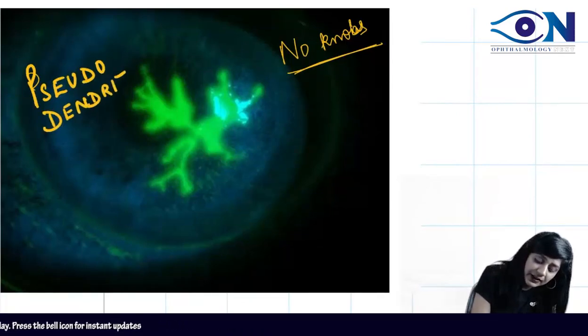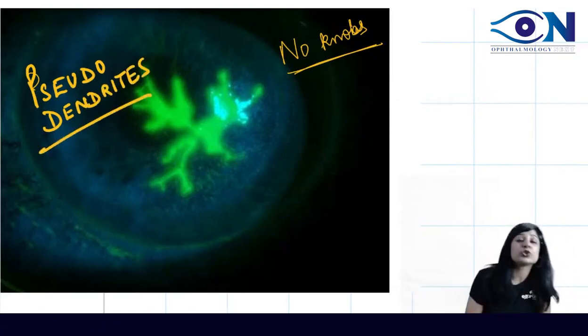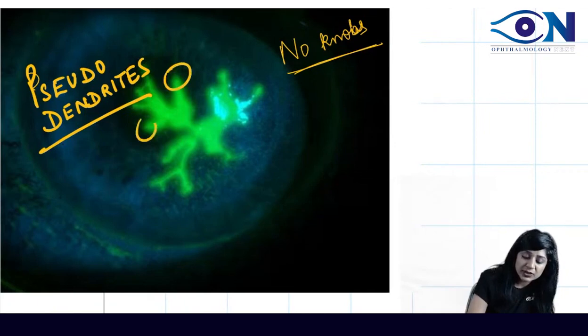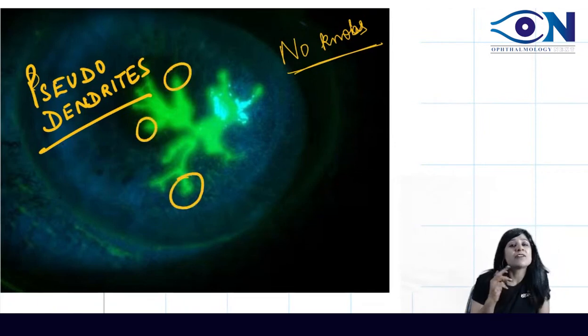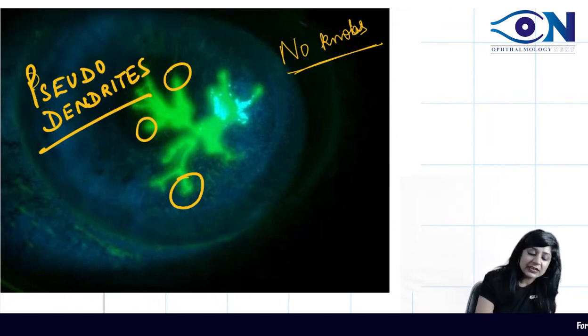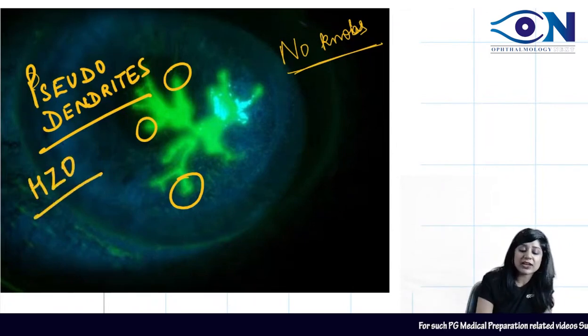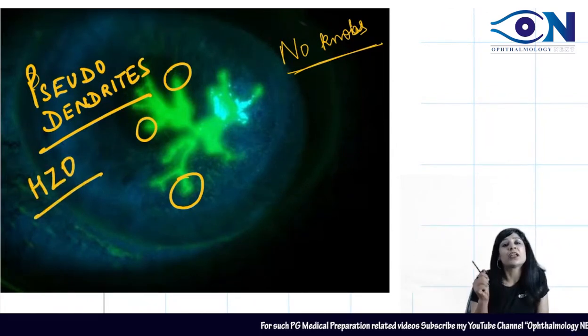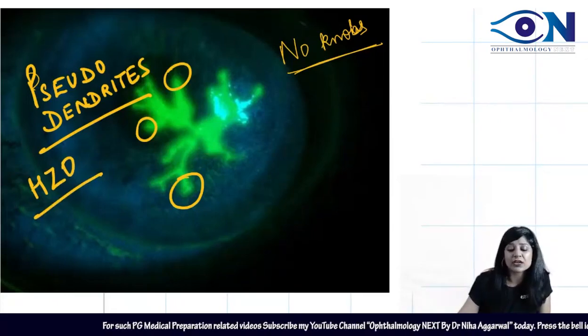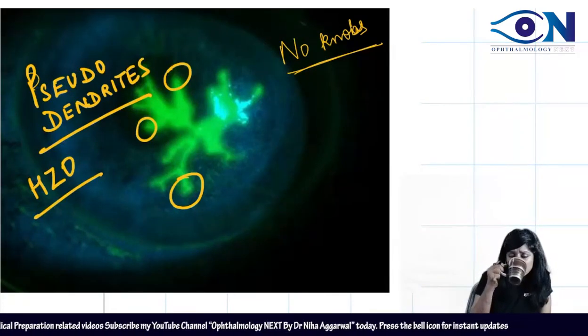Pseudo means false because there are no knobs. Can you see? There are no knobs. So because I am not having knobs, it is a pseudodendritic pattern, and pseudodendrites are found in herpes zoster, while the true dendrites are found in herpes simplex. This is found in herpes zoster.